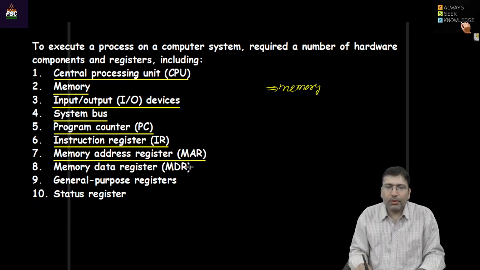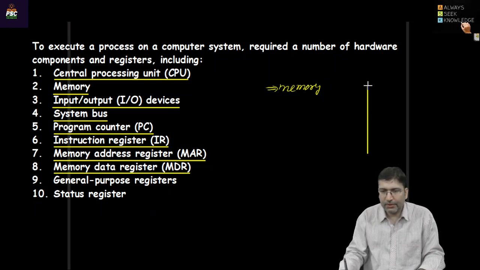And from that memory location, if a process is reading or writing some data, temporarily the data will be loaded in a register that is considered the memory data register. So let's say a process is reading data. This is the memory, if I'm considering RAM, and from this RAM the data is being read from a particular location, let's say from here.